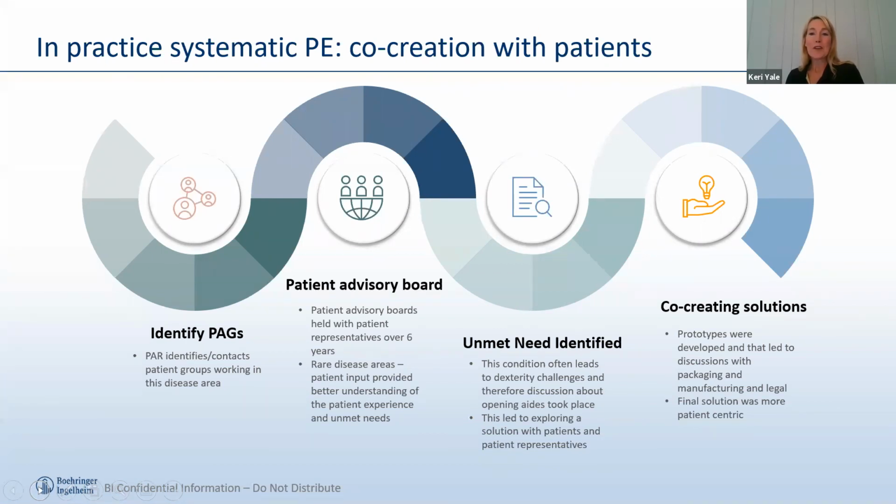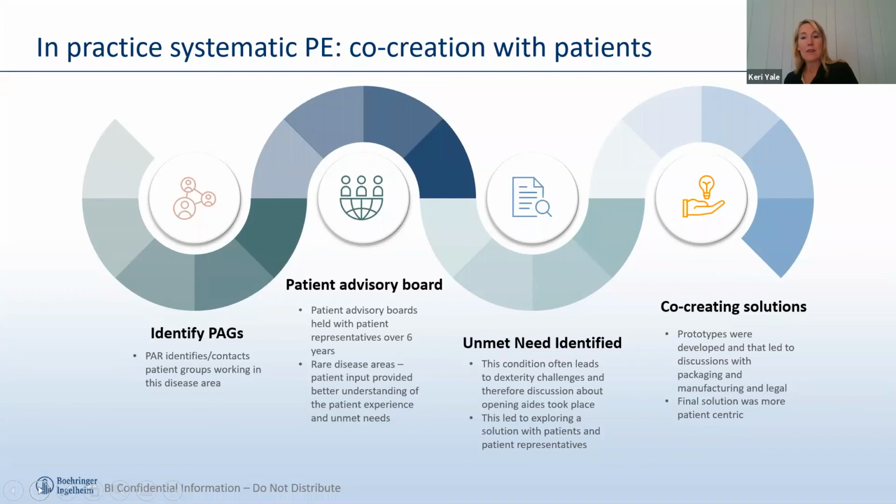So over several years meeting with these individuals, the team definitely had a better understanding of the patient experience and unmet needs. And something that became really clear early on was that these patients, many of them have dexterity challenges. And so opening bottles and using their hands for day-to-day tasks can be really difficult. So learning this, there was discussion around developing opening aids.